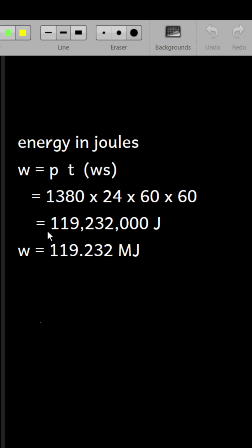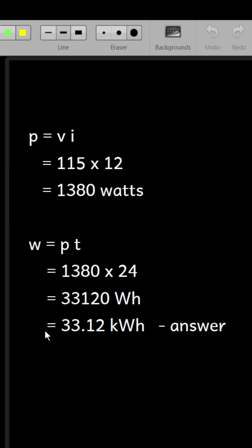So that is equal to 119,232,000 joules. So you can write it as 119.232 megajoules.